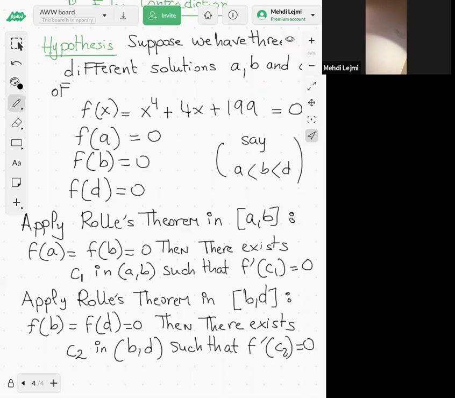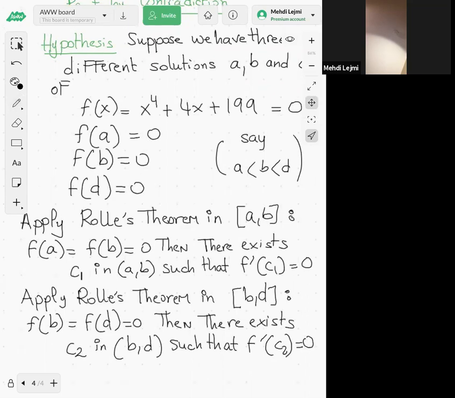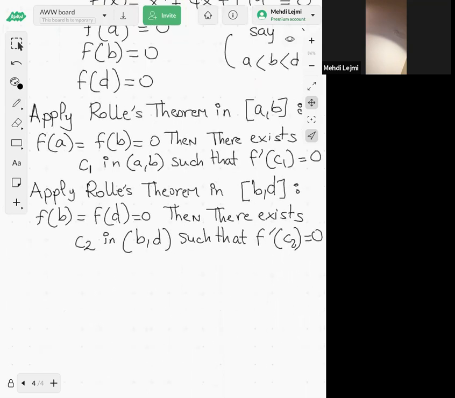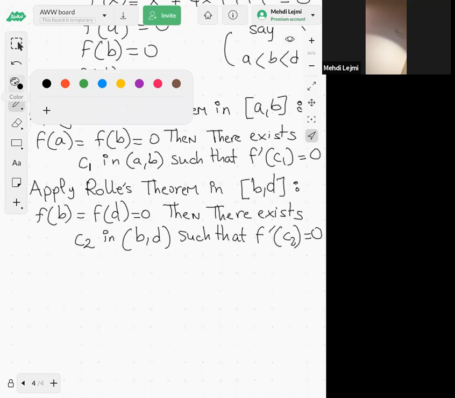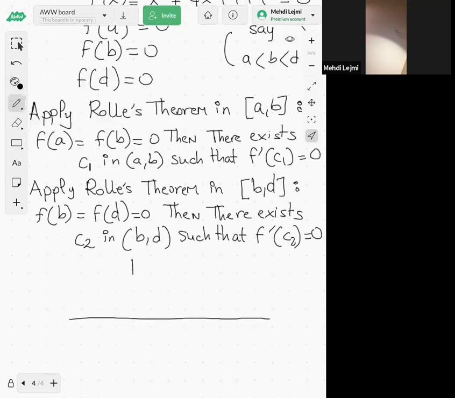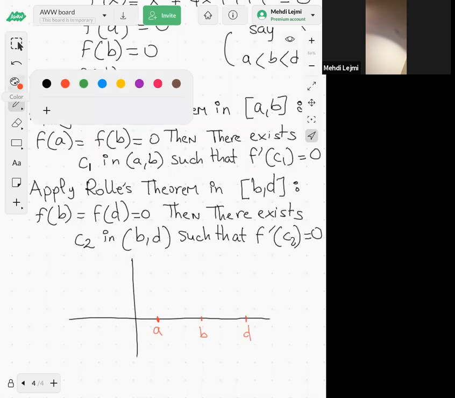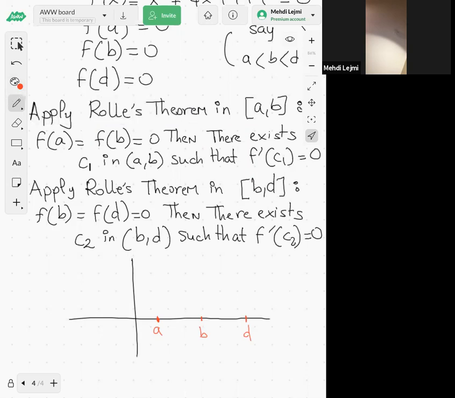If you want to visualize this, guys, I have A, I have B, and I have D, and f of A is 0, f of B is 0, and f of D is 0. So let's say I have something like this.